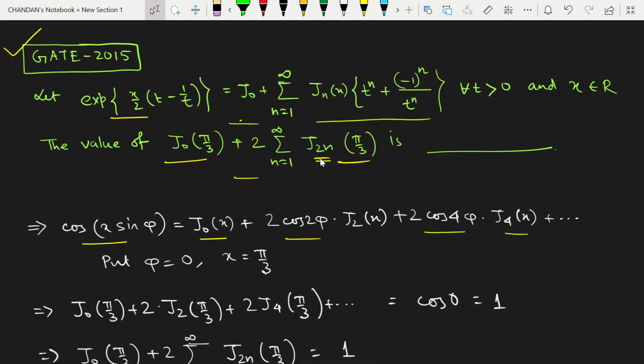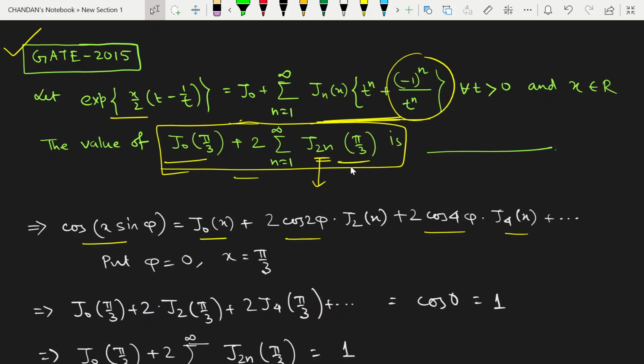So you can consider the trigonometric expansion which covers all the positive terms, with no negative terms present. The other expansion gives you negative terms also, but here you have to find the value with no negative terms in the summation. So we consider this one.